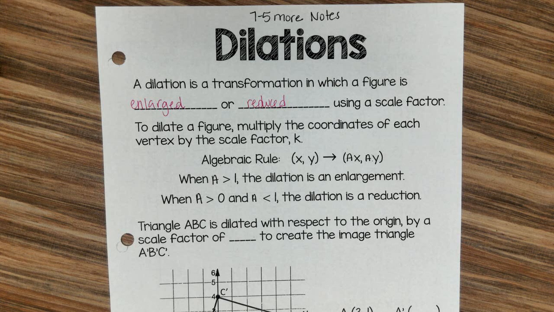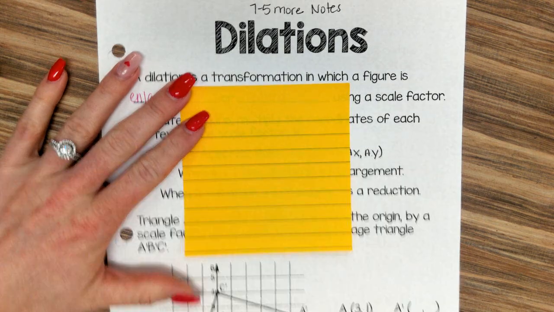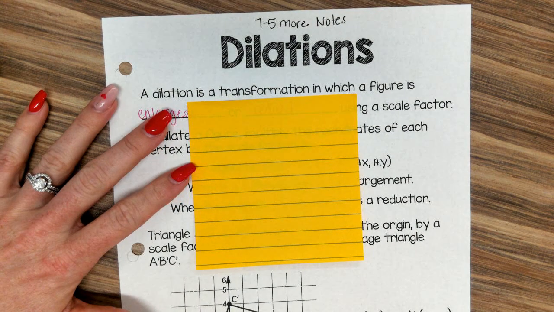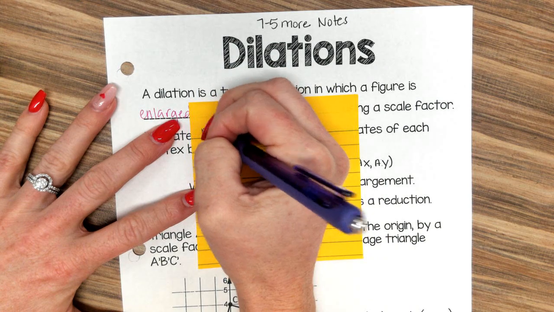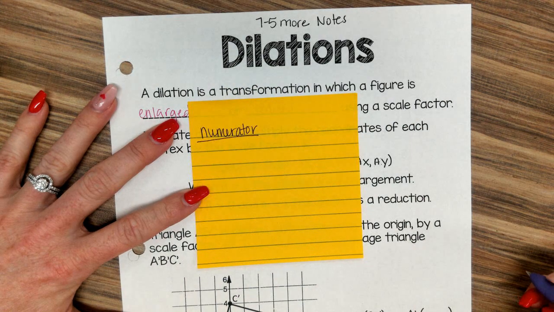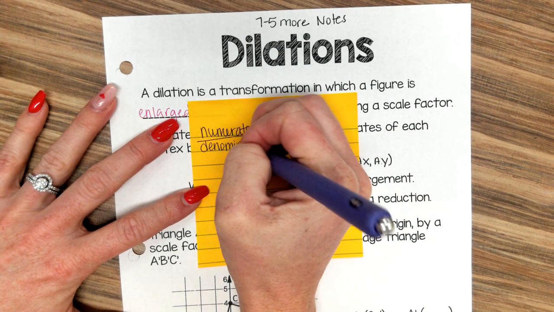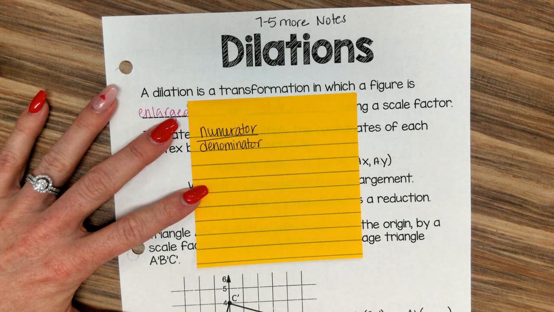Now, I want to teach y'all a trick about scale factors. I talked to you about this yesterday. You don't have to write it down. Do y'all know that in a fraction, the top number is called the numerator? Do y'all know what the bottom number is called? The denominator. Here's the trick.